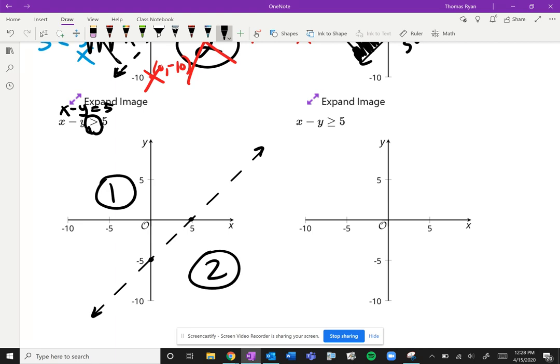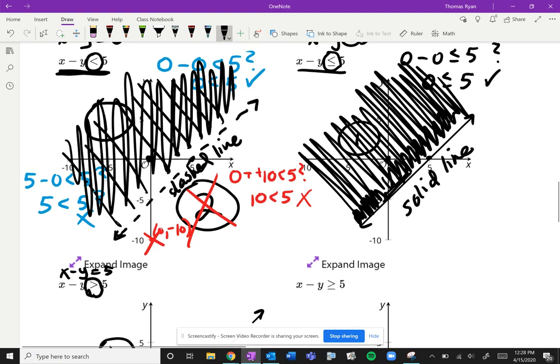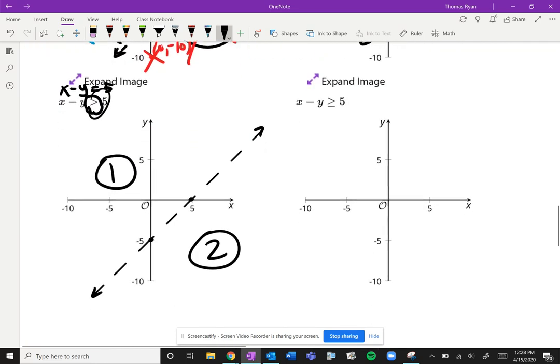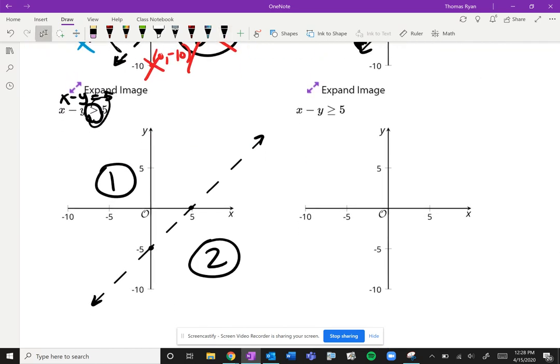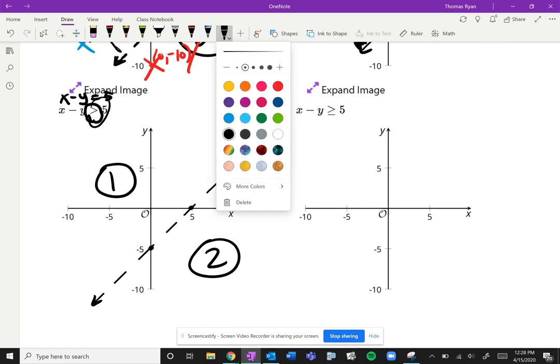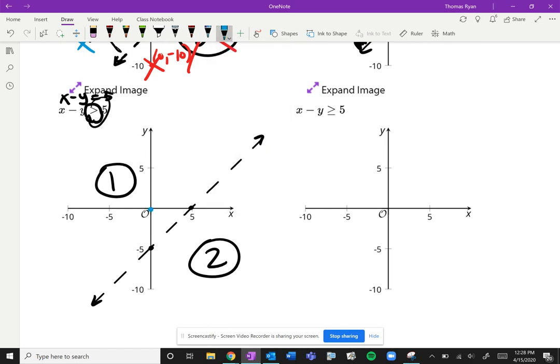Again, look at how the only difference, guys, is that the inequality symbol flipped. Look at this and look at this. So I think we should have an idea of where the solutions are going to be, but let's just test a point real quick. Easiest point to test, that is 0, 0. 0 minus 0, is it greater than 5? Is 0 greater than 5?